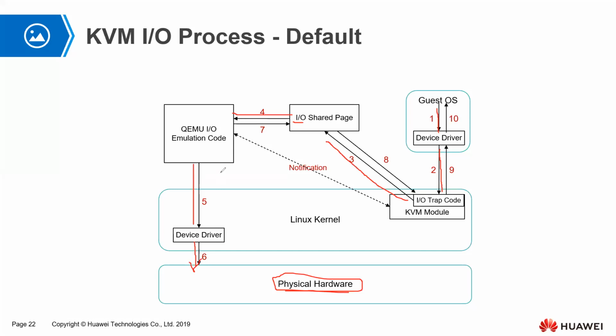At the same time, it sends a notification to the QEMU emulation code that it has placed something in the shared page, please receive it. Then the results are sent back to the input trap code, back to the device driver, and back to the guest OS.